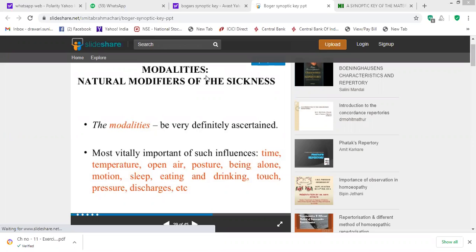What is the relation of sleep: is it refreshing or does it aggravate the complaint?